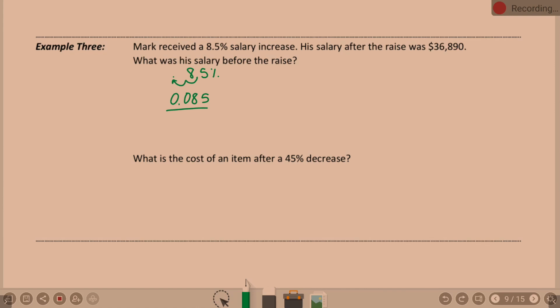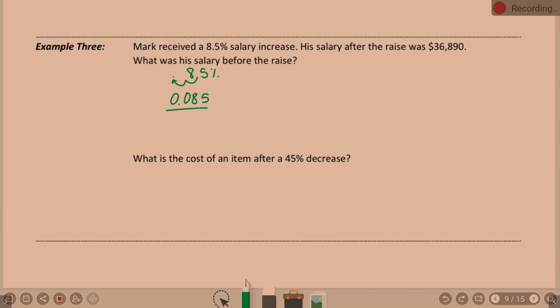Well, wait. He has an 8.5% salary increase. His salary after the raise is $36,890. What was his salary before the raise? Do we multiply?